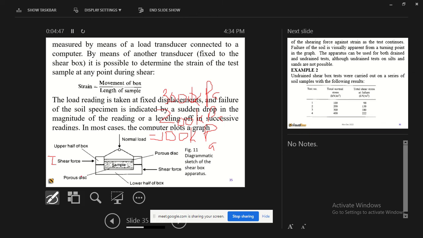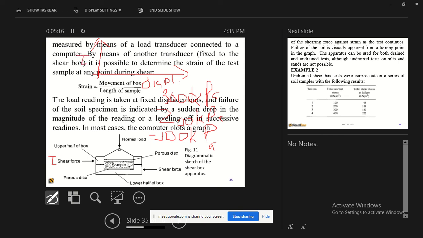And of course here it is quite simplified, but the idea is that you will have a straight line. Due to that shearing, you will measure the displacement and the force, that's the shear force.